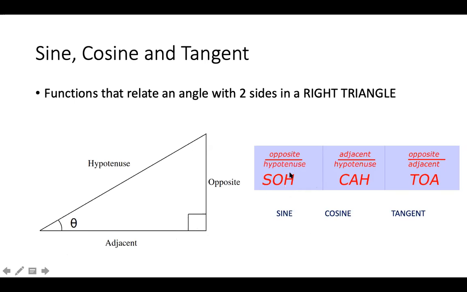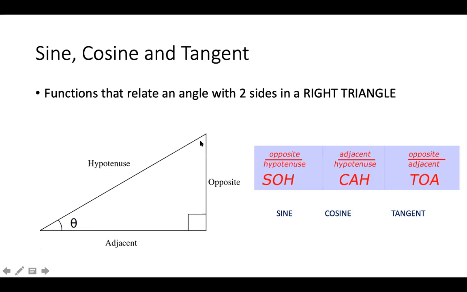What I mean by opposite over hypotenuse is, in relation to this angle, which we have marked theta, this side is the opposite, and this side is the hypotenuse, which is always the longest side in a right triangle, and this is the adjacent side. So we're talking about these all in relation to this angle theta.